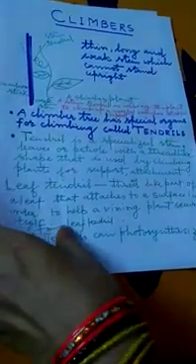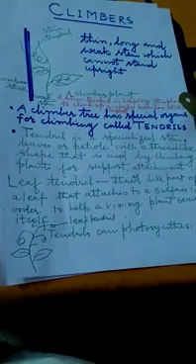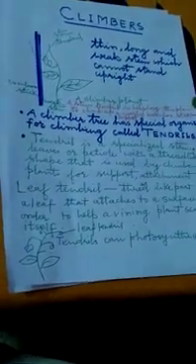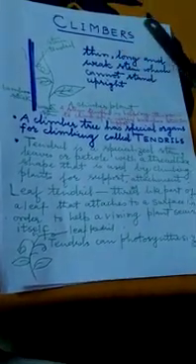Children, you must have seen some plants that have very weak stem which cannot stand upright on their own. So they are climbers and creepers.